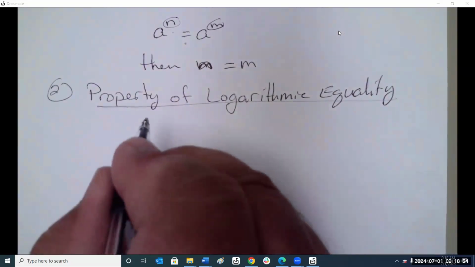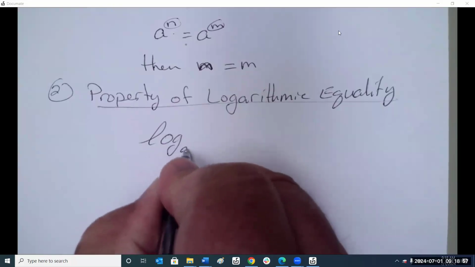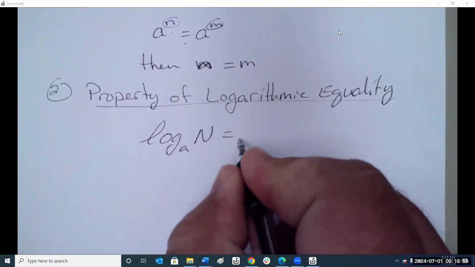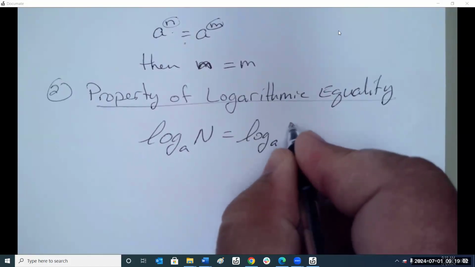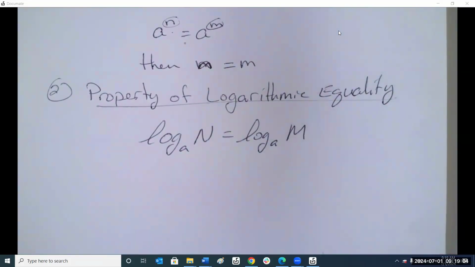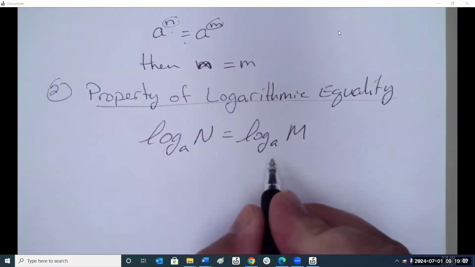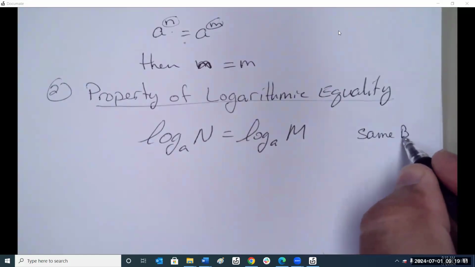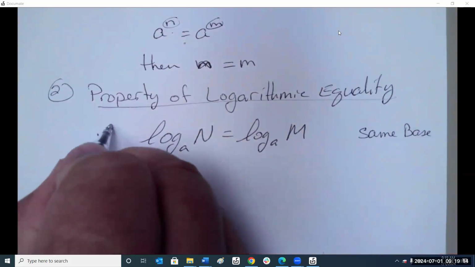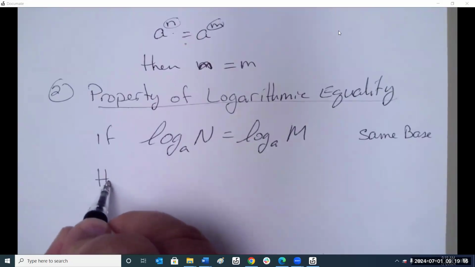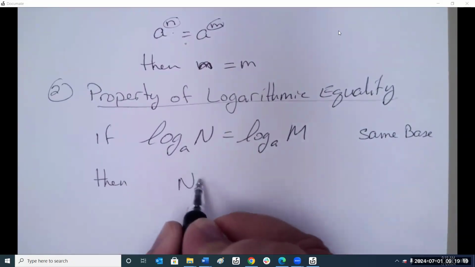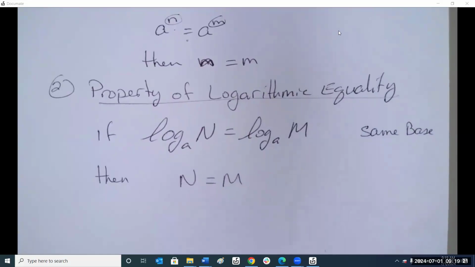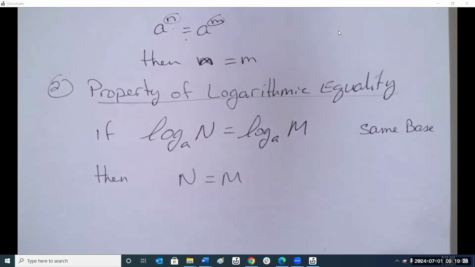What that says is if I have two logarithmic equations that are equal, and they're the same base, then the only way that's possible is if the operations themselves are equal. So those are two properties that we have to know.